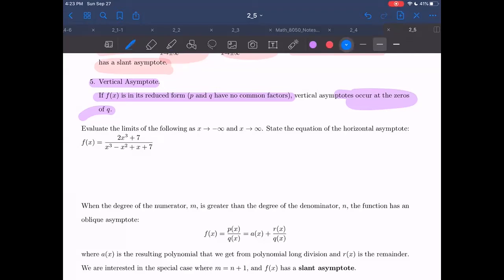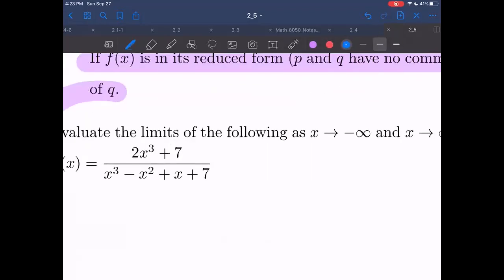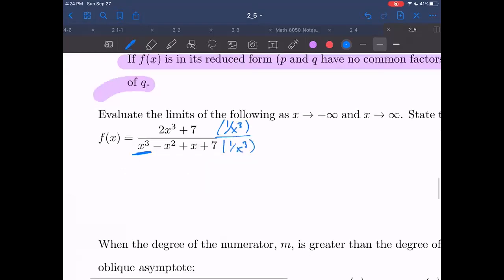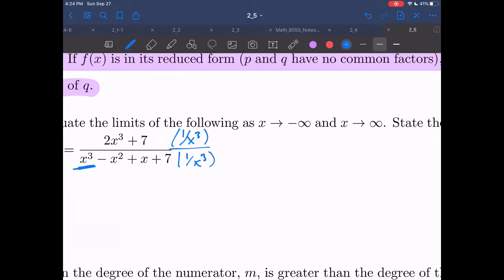So either way, we're going to multiply by 1 over x cubed over 1 over x cubed, because that's our highest degree in the denominator. So that'll be 2 plus 7 over x cubed over 1 minus 1 over x plus 1 over x squared plus 7 over x cubed.